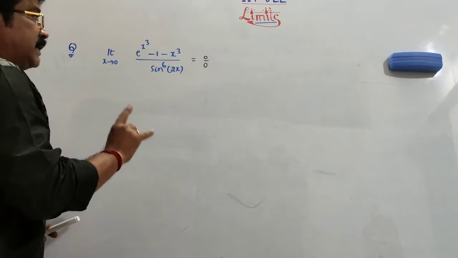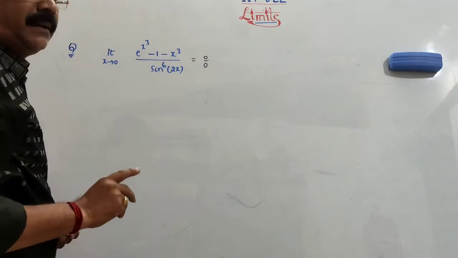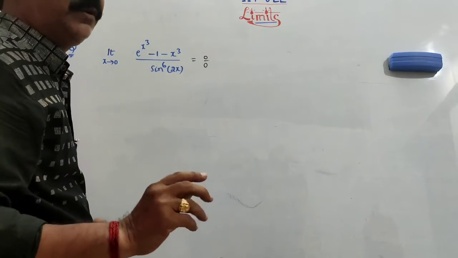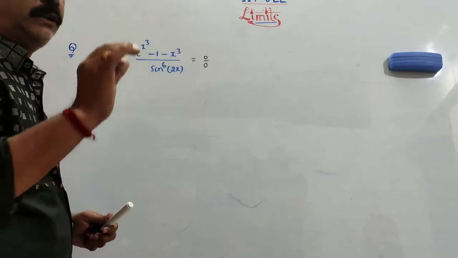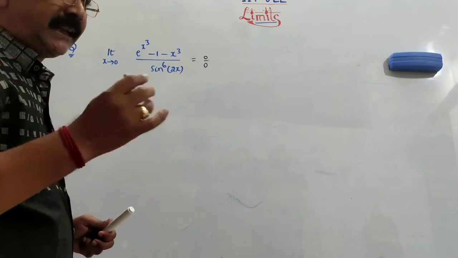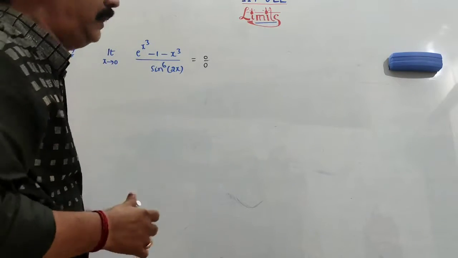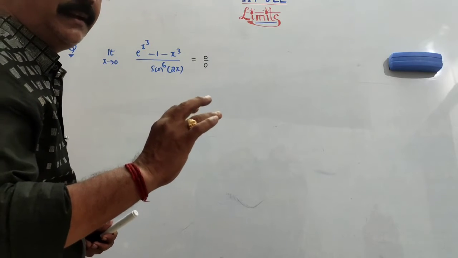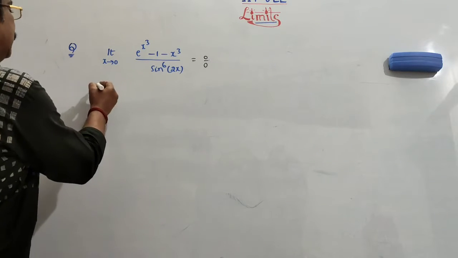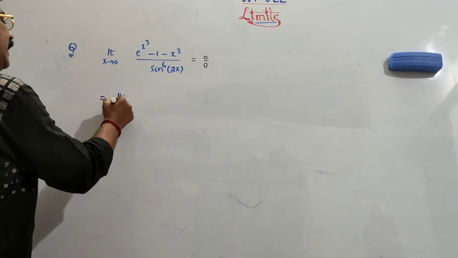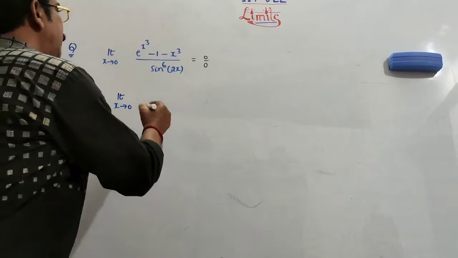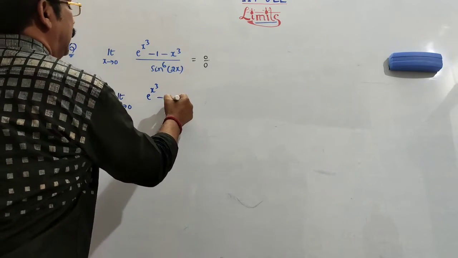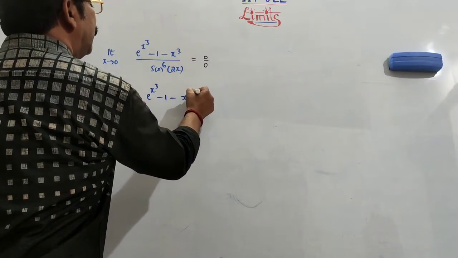But in L'Hospital's rule, for the denominator we have to differentiate 6 times. Therefore, it is too difficult to find the solution in time or in the examination hall. Therefore, we are going through the expansions. So that is equal to, first, I will do it like that: limit x tends to 0, e power x cubed minus 1 minus x cubed.